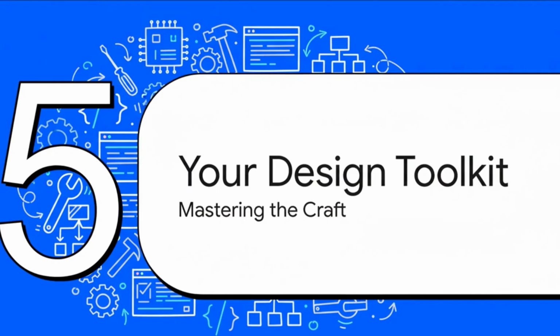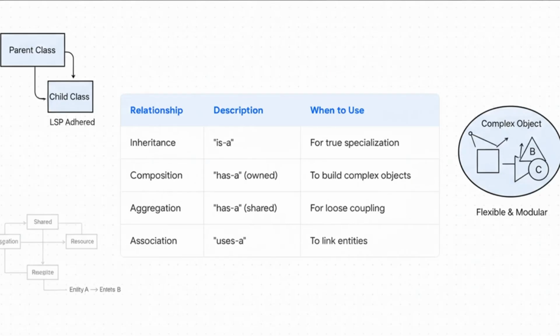And all of this brings us to the most important point. Becoming a great developer isn't about always reaching for the most complicated tool. It's about mastering the basics and knowing exactly which tool to use and when. So think of this chart as your cheat sheet. And notice the big takeaway here.